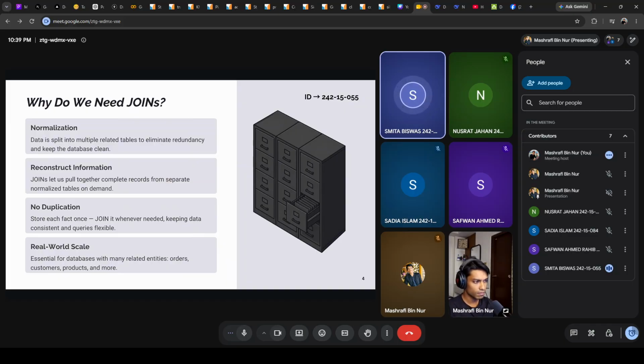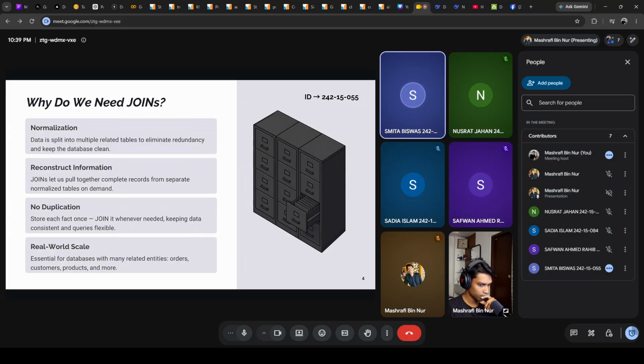On this slide, I would like to talk about why we need join in SQL. First, normalization divides data into related tables and reduces duplication. Then, reconstruct information: join brings data from different tables together.